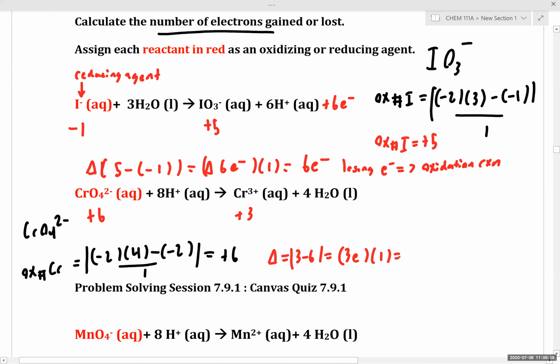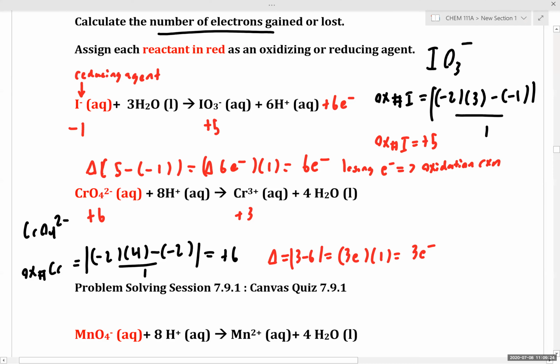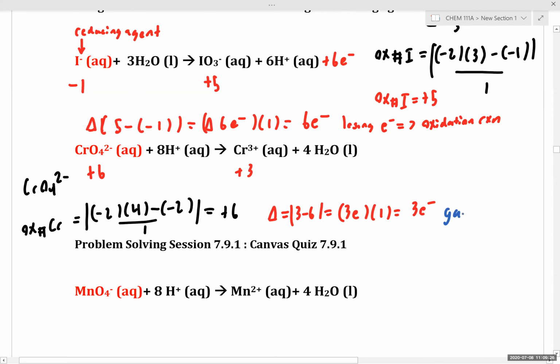We have 1 chromium atom. So we have 3 electrons. And since our oxidation number is decreasing, we have 3 electrons gained. So this is a reduction half reaction. And as a result, chromate is an oxidizing agent. So we've gained 3 electrons.